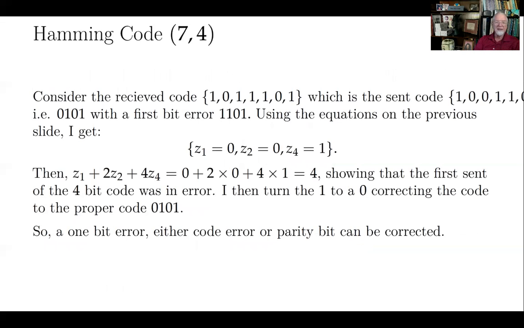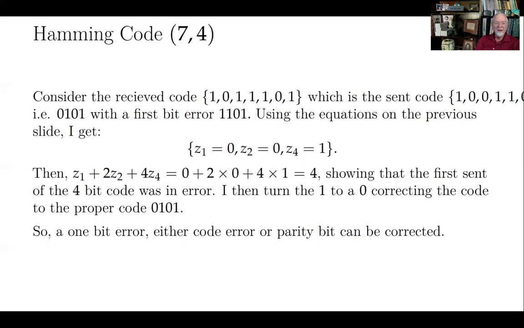Let's do an example. Oh, damn. I need to correct that, but okay. So let's say we took a look at this particular 10111101. So this was the received code. The sent code would have been 1001101.